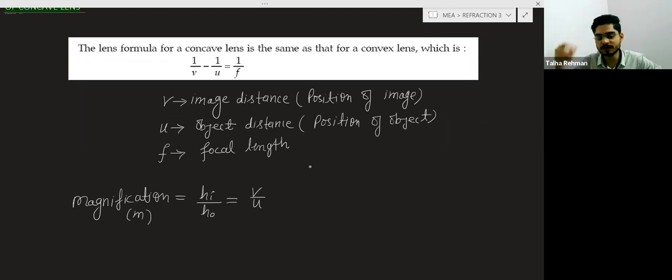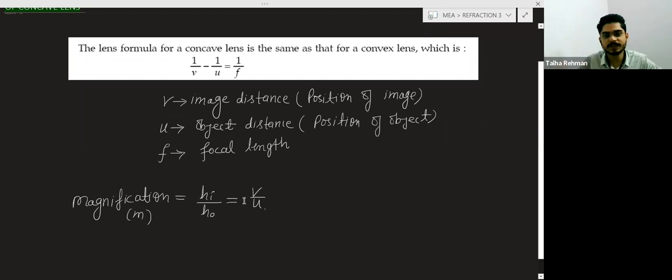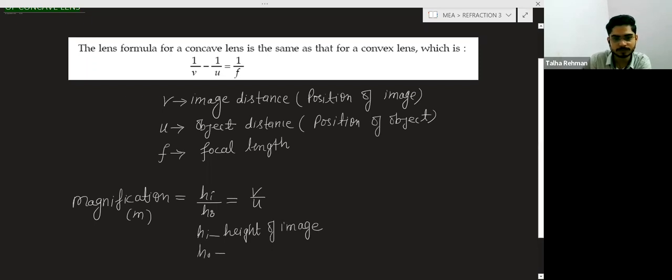In case of mirror, there is a negative sign, but in case of lens, there is no negative sign here. If you write the mirror formula, it becomes 1 upon v plus 1 upon u is equal to 1 upon f. This is the difference. Height of image, height of object.